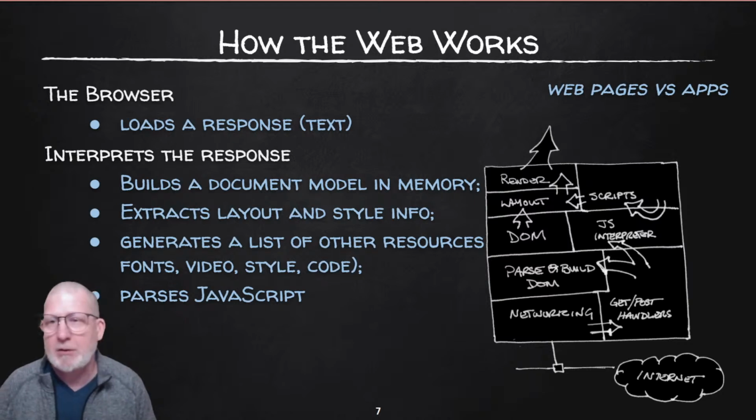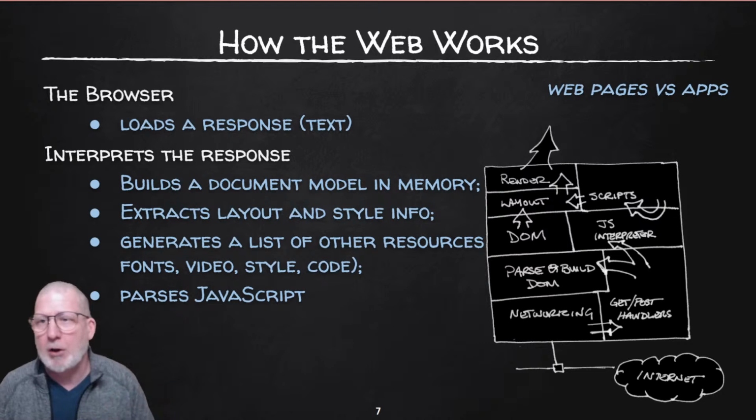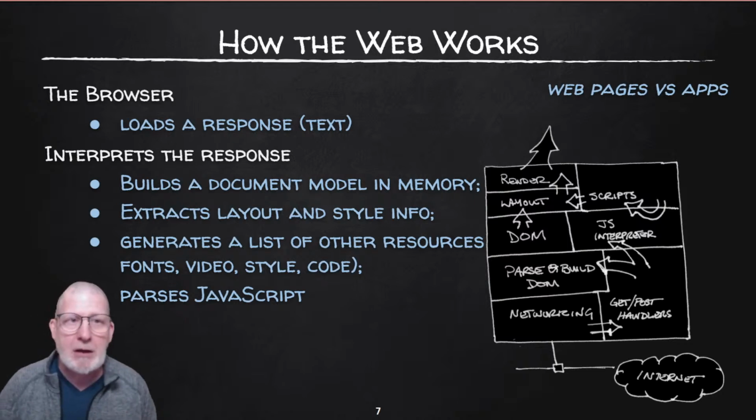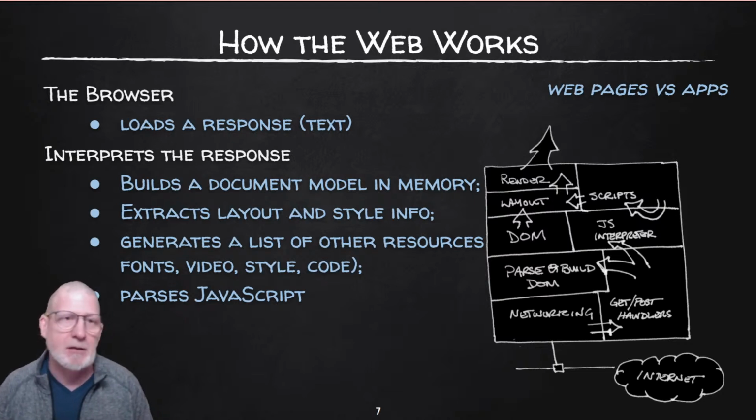And the way we do that is we create a collection of what we call tags. Those tags can be nested inside each other, and those tags have meaning. So the meaning that the HTML tag is here's my document. The browser ignores everything outside of the closing HTML tag.